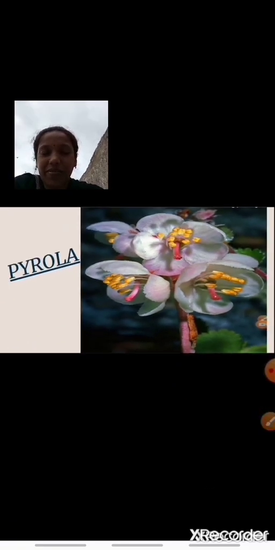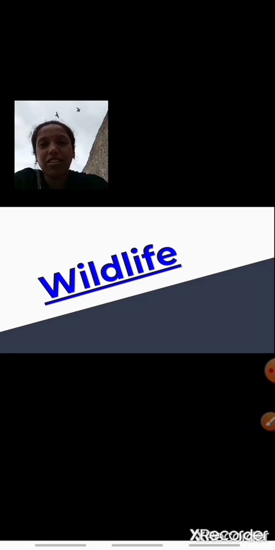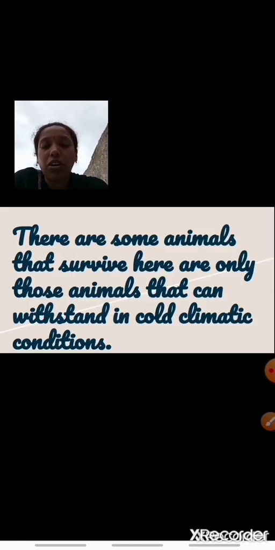Now let us switch to the other feature of Greenland, that is wildlife. The animals that survive here are only those that can withstand cold climatic conditions, and here are the images on the screen. Number 1, polar bear. I'm sure that everybody is aware of this animal.